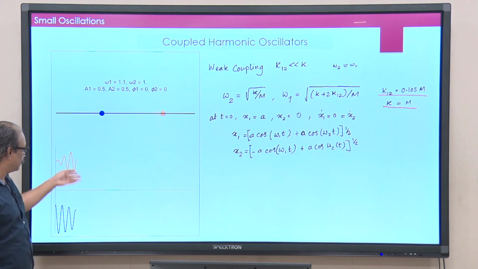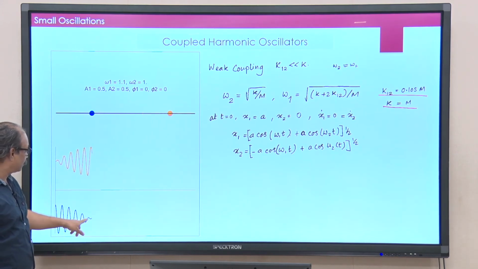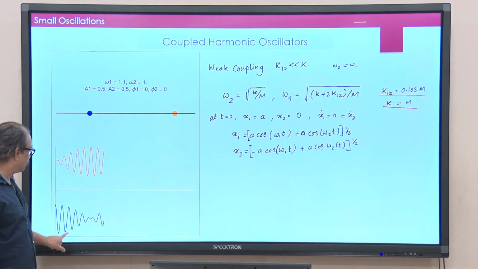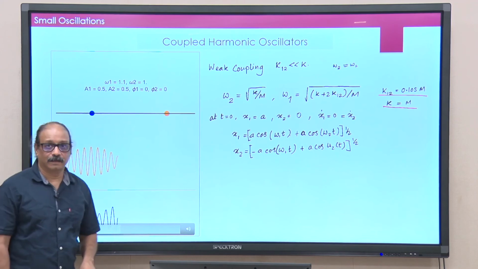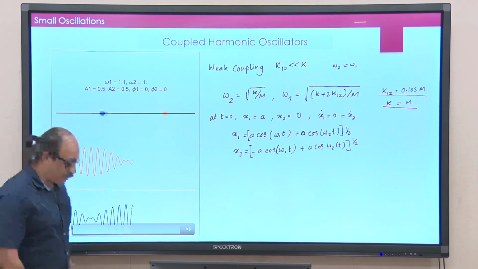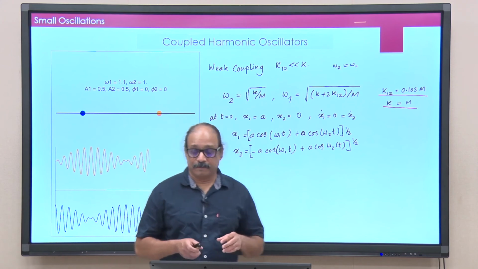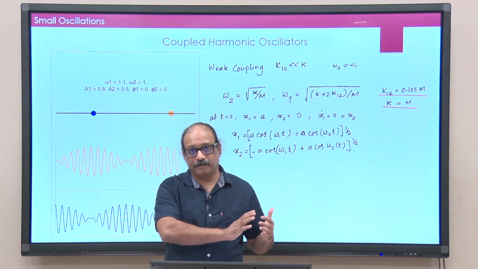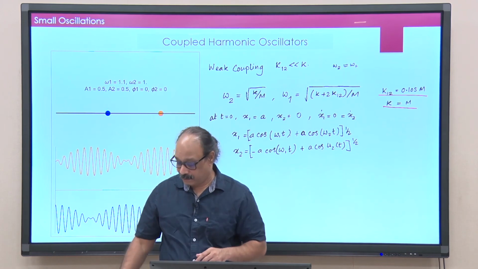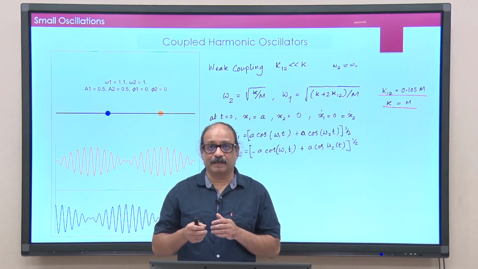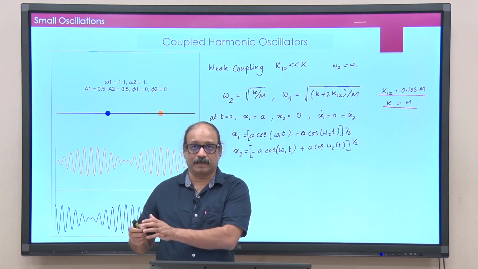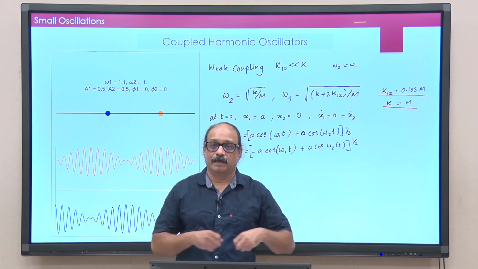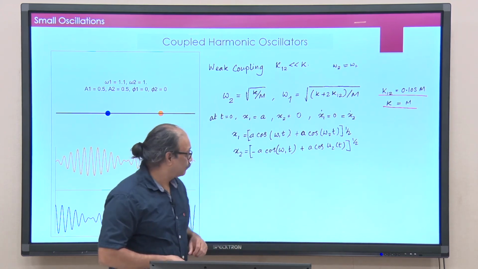You can see in this amplitude graph that when the amplitude of one bob becomes very small, the amplitude of the other bob is very large. This is energy being transported from one bob to the other, and that happens periodically. It goes to the second bob, then back to the first bob, and so on, and all this transfer of energy is because you have a weak coupling in between.